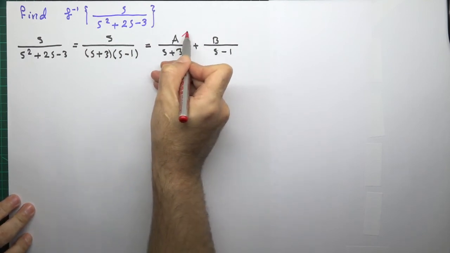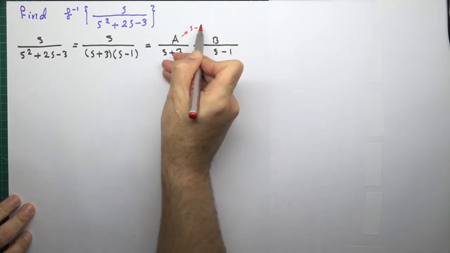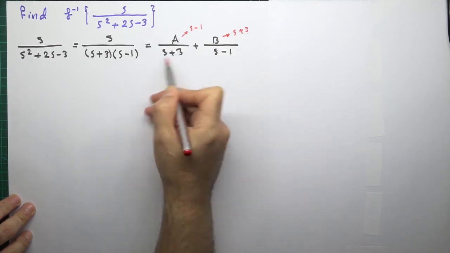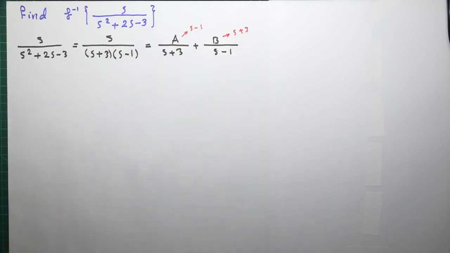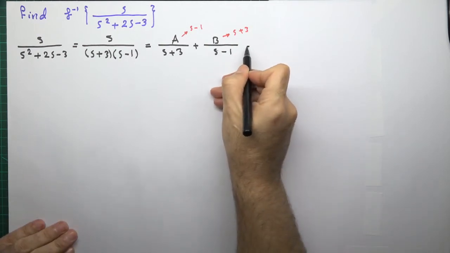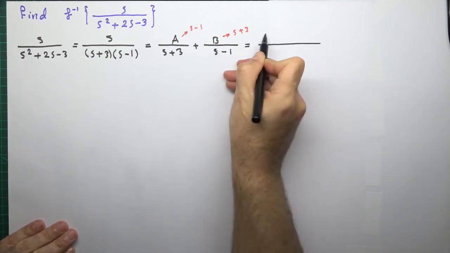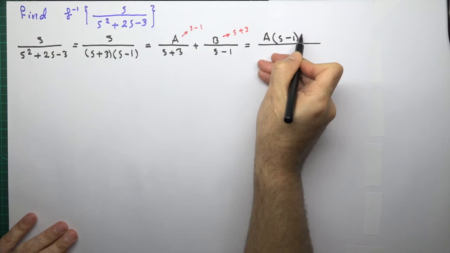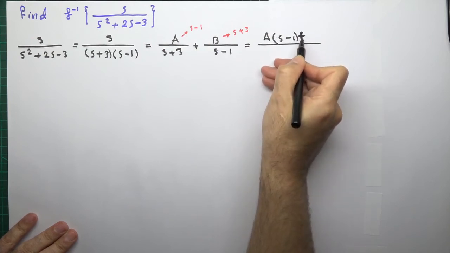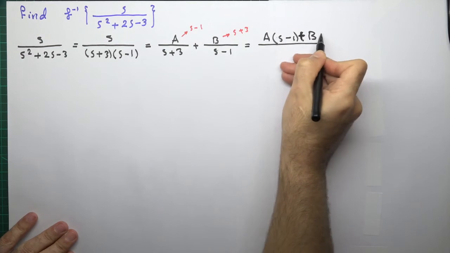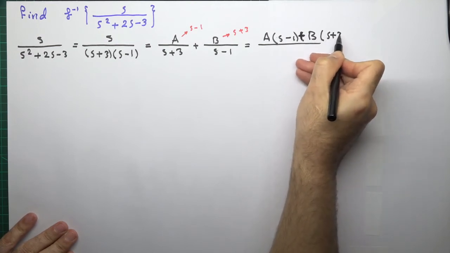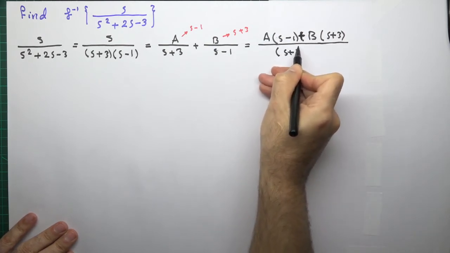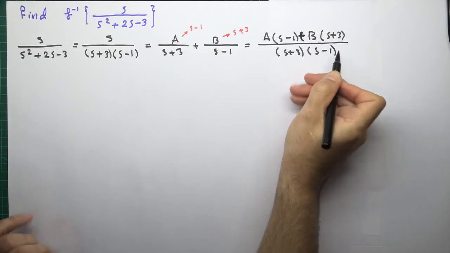In order to do so, I will multiply this by s minus 1, I will multiply this by s plus 3, and I will multiply the denominators by each other. So it will be like this: a times s minus 1 plus b times s plus 3, and all divided by s plus 3 times s minus 1.